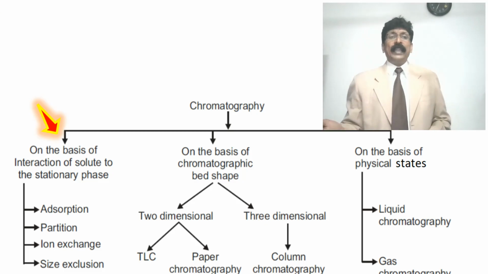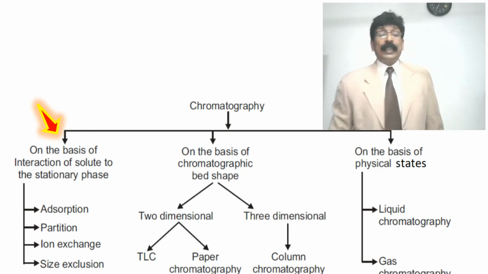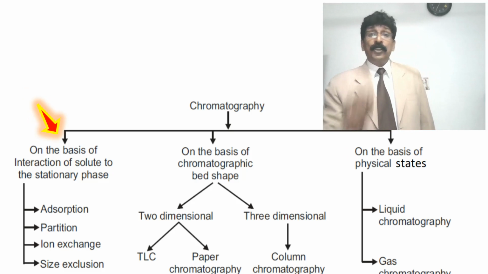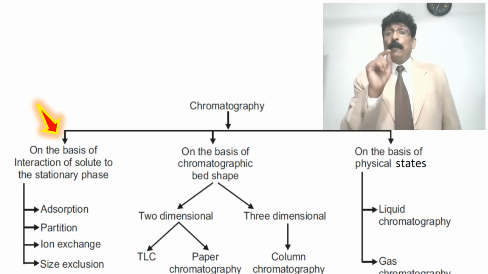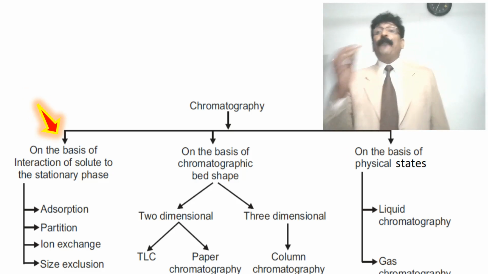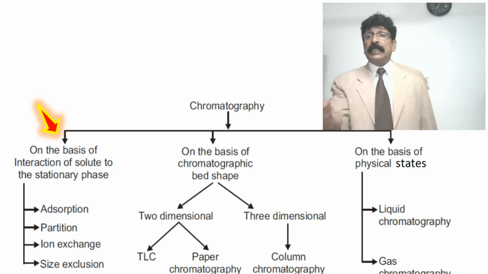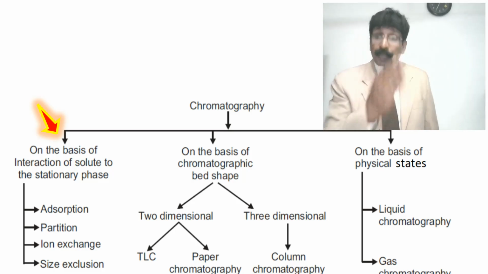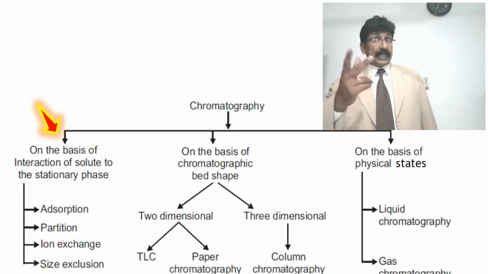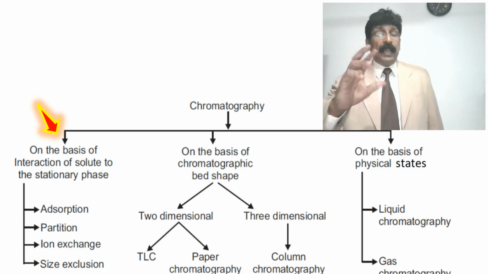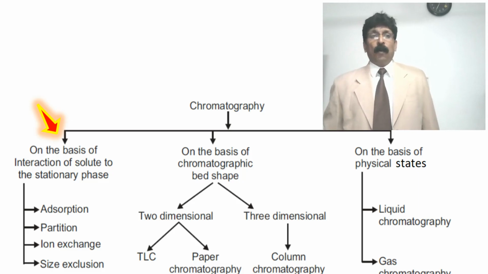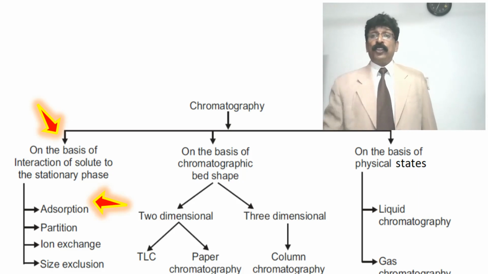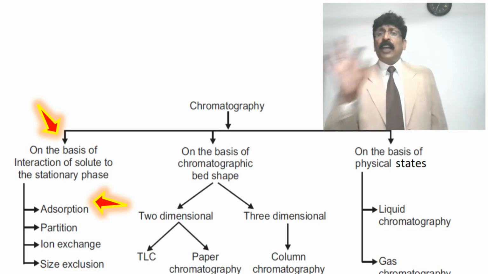So very simple, on the basis of interaction of the solute with the stationary phase. The principles of chromatography, they can ask as a short question. The student should write what is the reaction between the solute, meaning the sample, and the stationary phase. One is adsorption chromatography, a surface phenomenon, adsorption, not absorption.